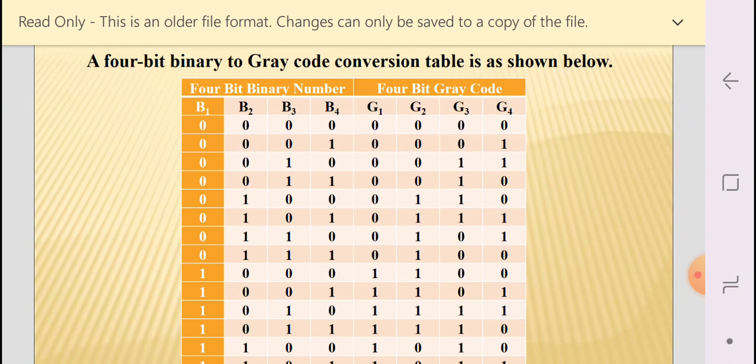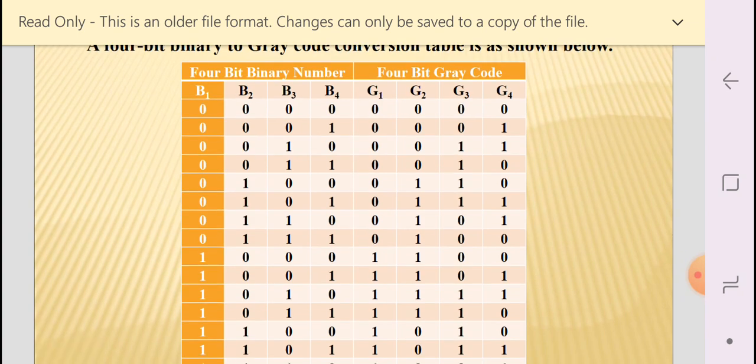Look at this, there are 4 bits in the input section. In the input section there is a 4-bit binary number, that is B1, B2, B3, B4, and a 4-bit gray code number, that is G1, G2, G3, G4. Okay.